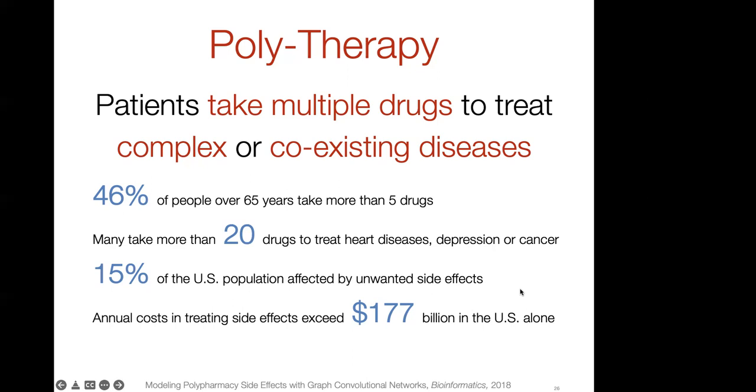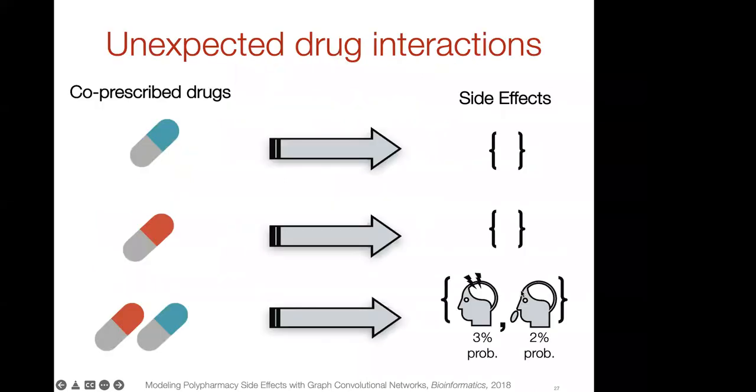How, what, and why do those adverse events arise? We're particularly interested in adverse events that arise when a patient takes multiple drugs at the same time, and those events cannot be attributed to either drug alone in a combination. When they take multiple drugs at the same time, and we just have seen that that's common, they are at this higher risk of developing adverse events.